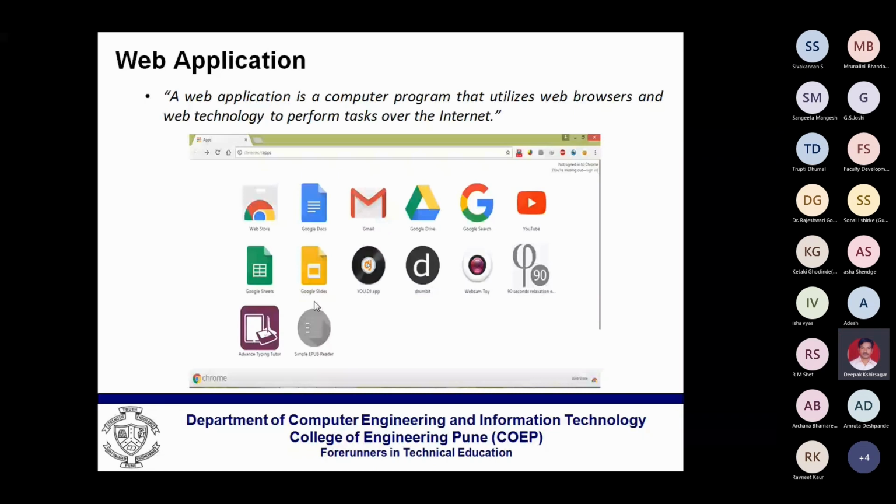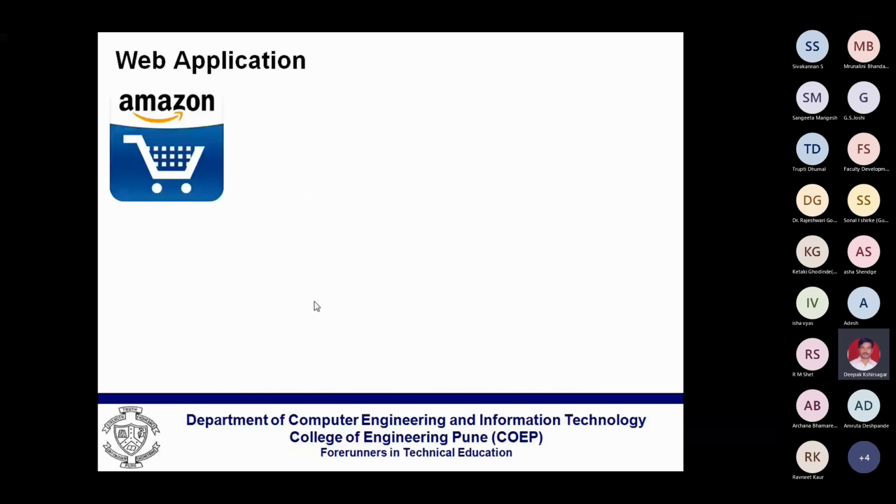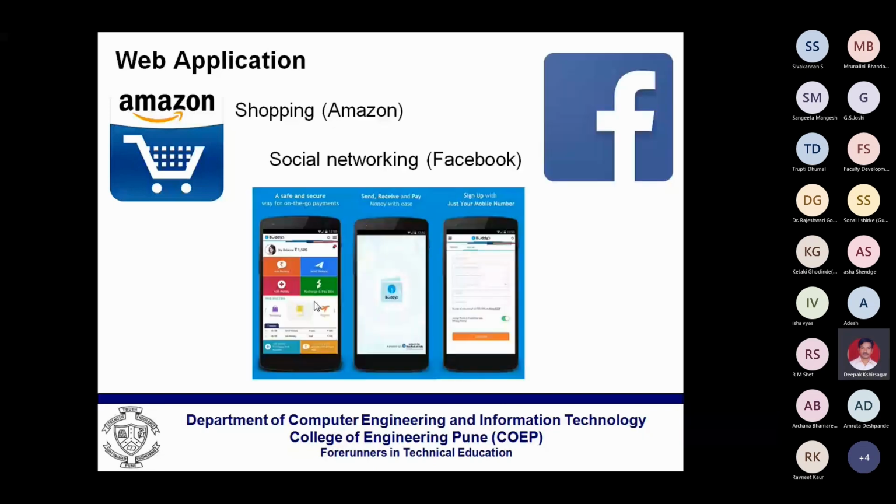So when we are talking about web applications, whenever you see, many people use Amazon, or Facebook, or any other financial application. Specific web applications are developed and they provide distinguished services. Amazon provides shopping services.